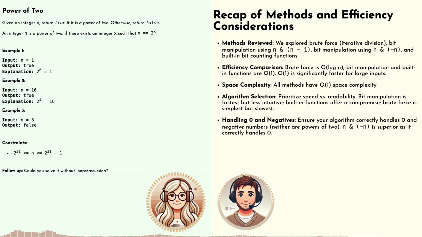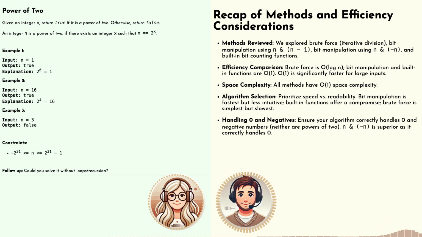But the n AND negative n method, the one that isolates the rightmost 1 bit, can be more versatile. You might find yourself reaching for it in other bit manipulation scenarios. So knowing both of them gives us more tools in our toolkit. Exactly. Understanding both methods broadens your horizons in the world of bit manipulation. A world, might I add, that is full of elegance and efficiency. I'm starting to see that.